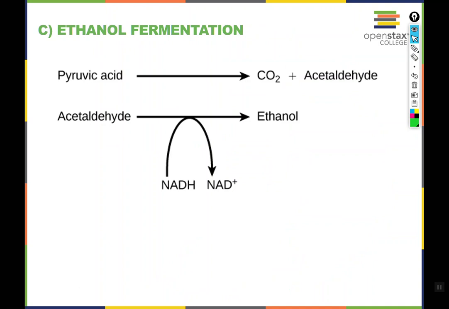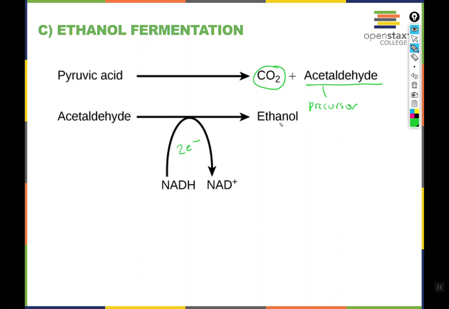Okay, ethanol fermentation. This one takes pyruvic acid, the product of glycolysis. Again, all the steps prior are the same. And those are converted to carbon dioxide and acetaldehyde, which is an alcohol precursor. Acetaldehyde is then converted into ethanol by having 2 electrons added to it.